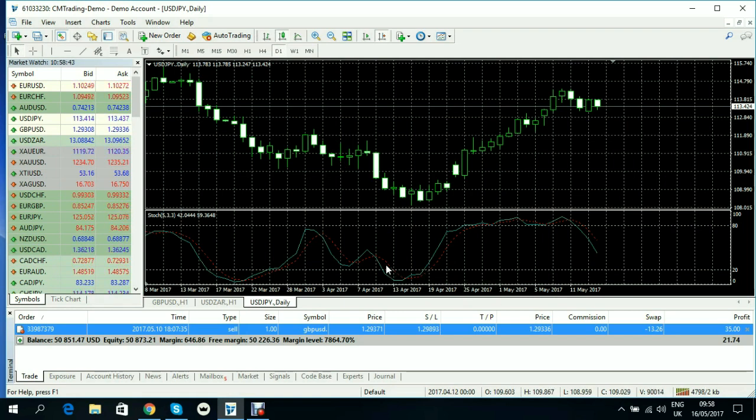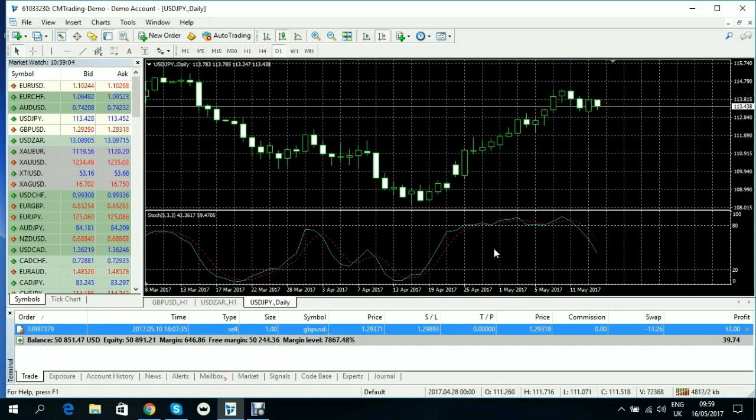So when it crosses above this 20, you place the buy and then you leave it to run till here.